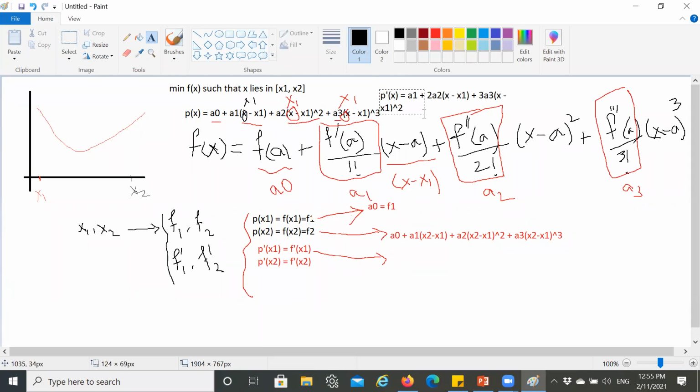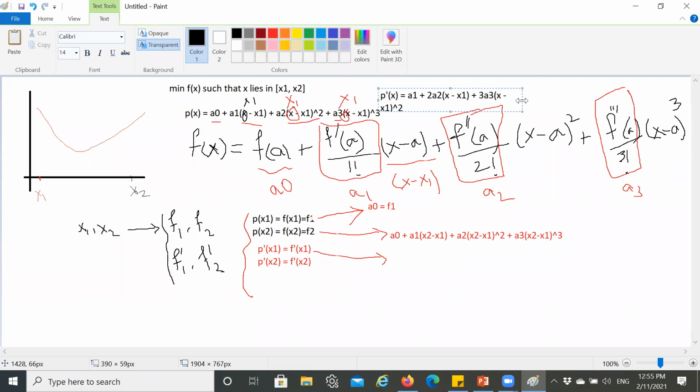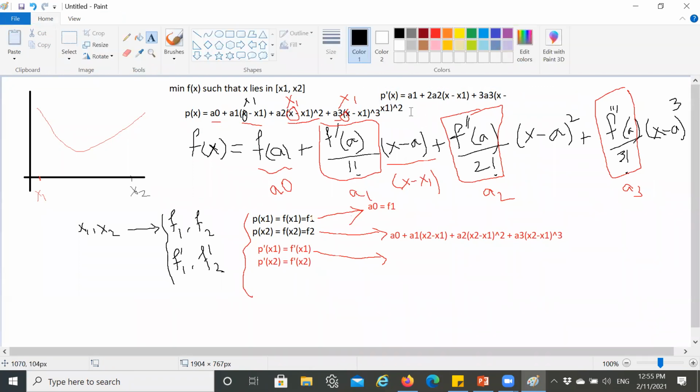Okay, how do we select this again? You can cut and paste it. Use the select tool, select x1 squared and then replace it.